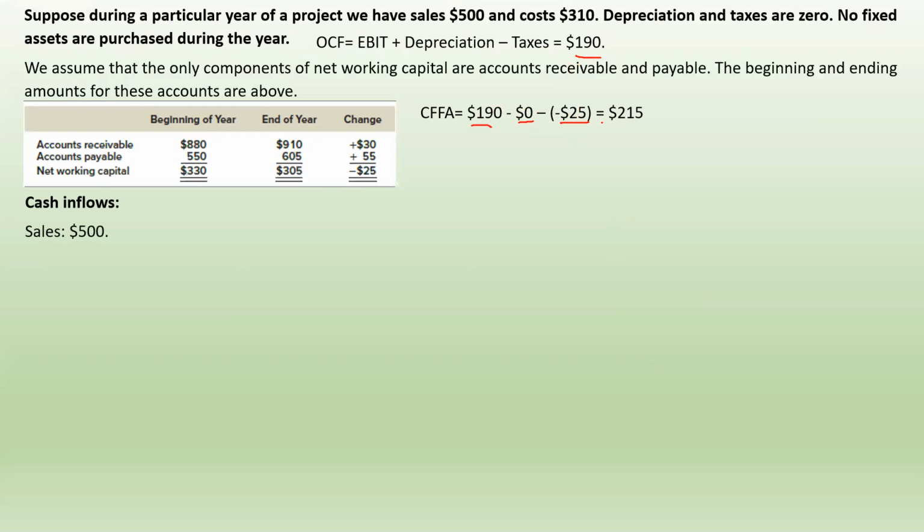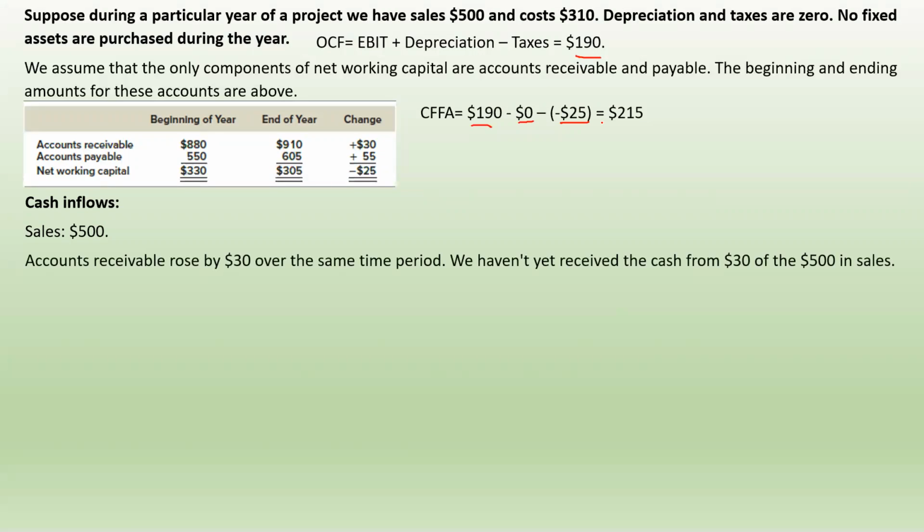We have sales of 500, but this 500 is not all cash inflow. Accounts receivable rose by $30 over the same time period, which means that we haven't received all the cash for this 500. Out of this $500, $30 the customer hasn't paid to us.